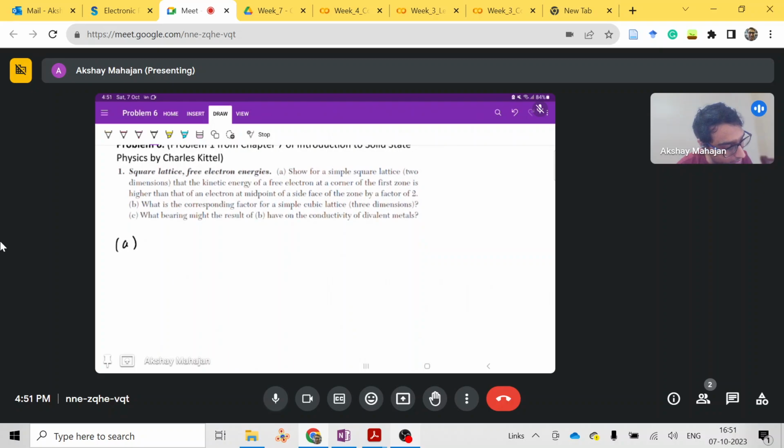Okay, so we have a square lattice, and if you have a reciprocal space, that is also a square lattice. The kinetic energy of a free electron at a corner of the first zone, which is your first Brillouin zone, is higher than that of an electron at the midpoint of a side face of the zone by a factor.